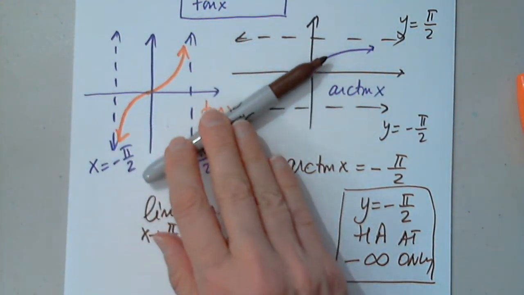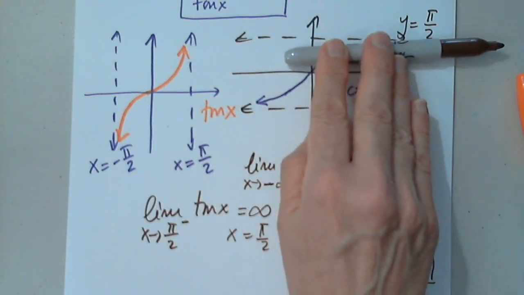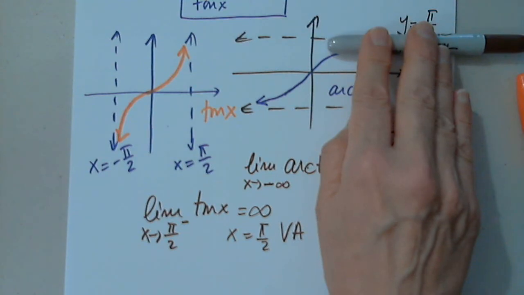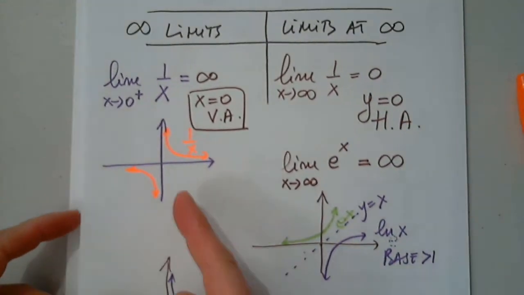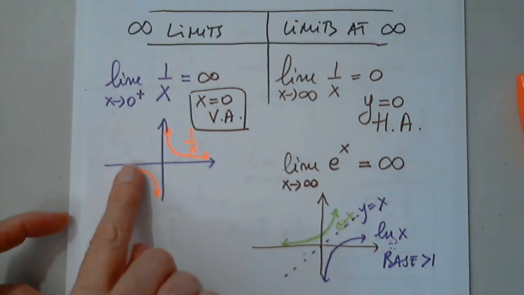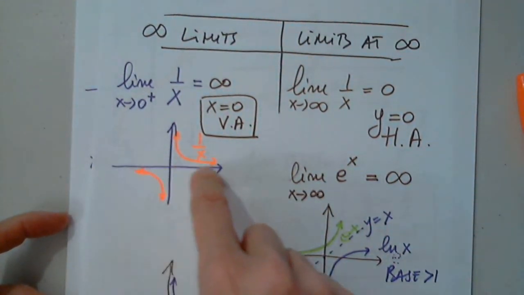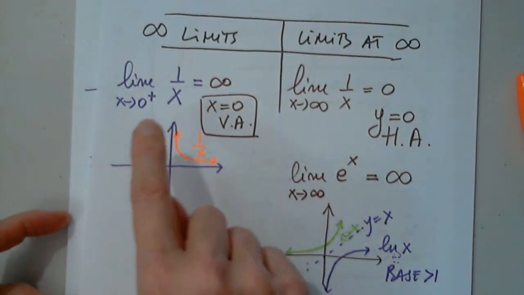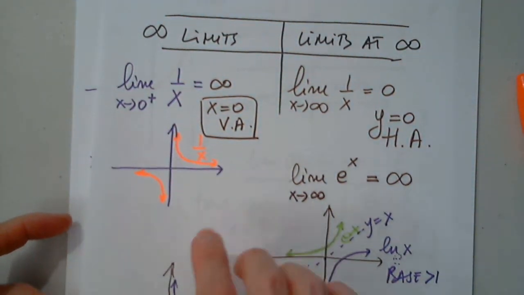Because at positive infinity, it will approach closer and closer to pi over 2. This is never the behavior of a simple rational function. A simple rational function, as x approaches infinity or negative infinity, has the same horizontal asymptote, if it's a simple, pure rational function.